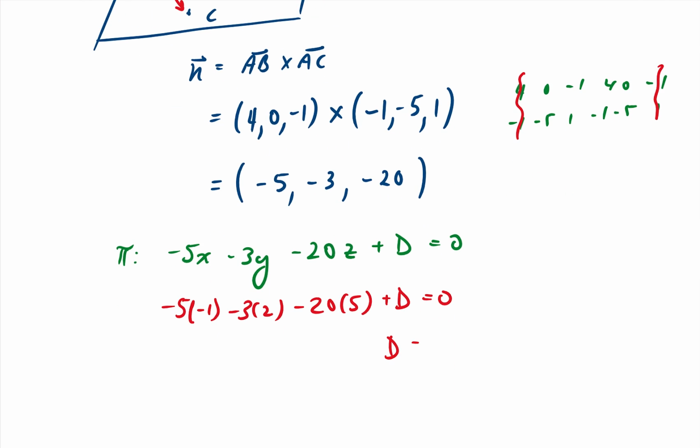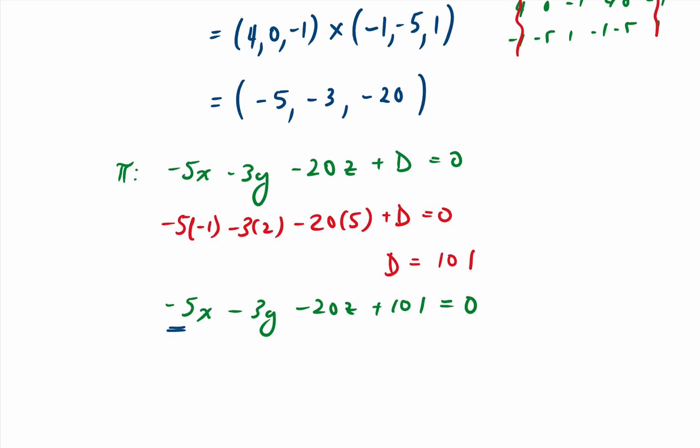And if I solve for d, I end up with 101. So you end up with the equation of a plane that looks like negative 5x minus 3y minus 20z plus 101 equals 0. Here are two key points when considering equations in Cartesian form.